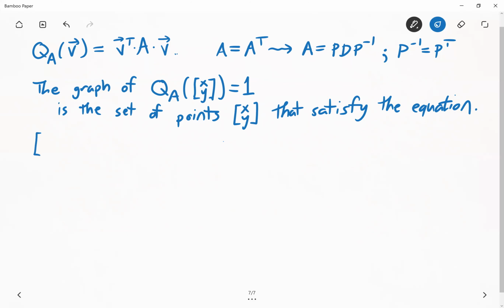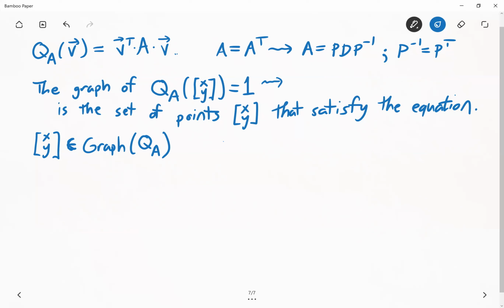And so if the point xy is an element of, so I'm using this symbol, if it's an element of the graph of Q_A, now I'm writing Q_A as short for Q_A of xy is equal to 1.